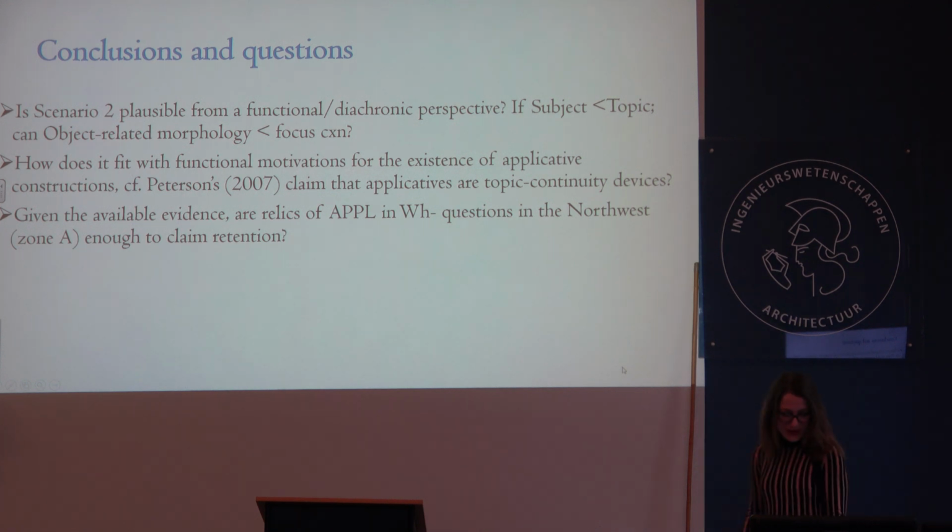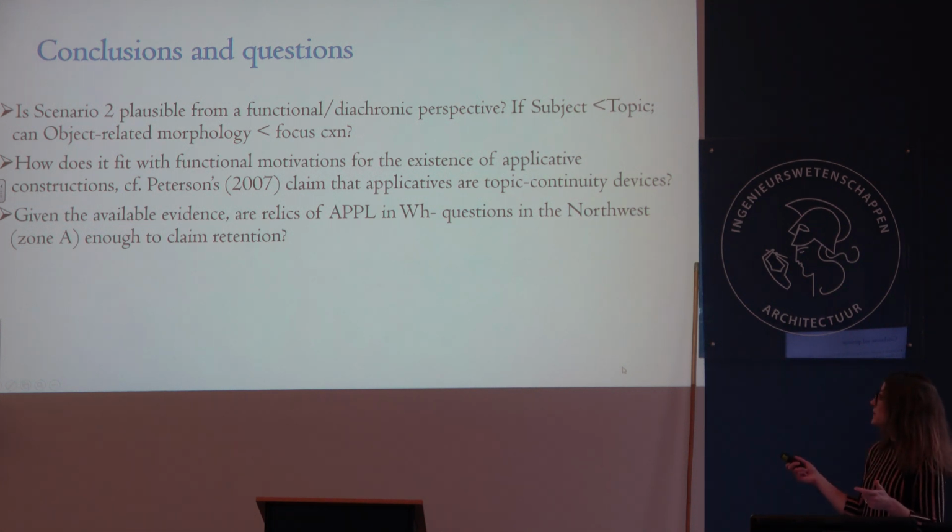So, conclusions and questions. Do you think that scenario 2 is plausible from a functional diachronic perspective? If subjects evolve out of topics, can object-related morphology come from focus constructions, or is that total nonsense? How does this fit, though, with the functional motivations for the existence of applicative constructions?